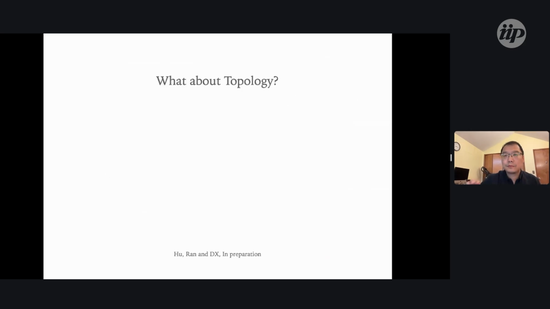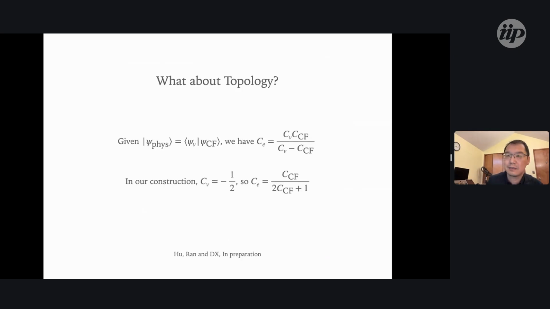Now, finally, what about topology? I showed you the energy spectrum, I showed you the wave function, but what's interesting about the fractional Chern state is the topology. We just figured out, actually last week, that in this kind of projective construction, the many-body Chern number of the electron equals the many-body Chern number of the vortex times the many-body Chern number of the composite fermion, divided by their difference.